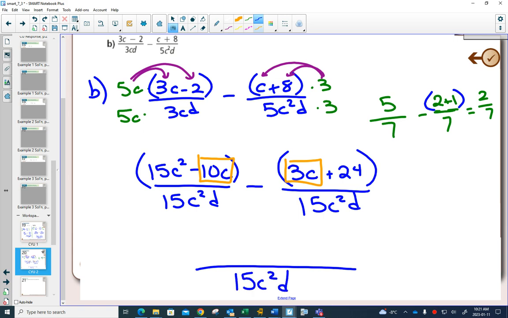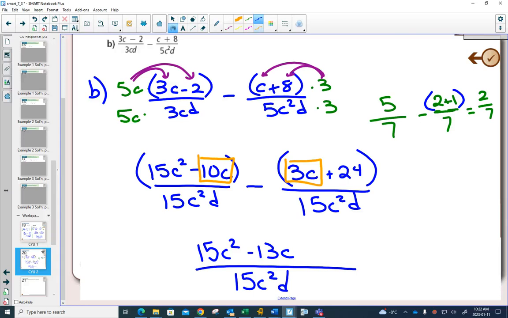you'd have 15c squared. Students make no mistake, they write 15c squared. You have minus 10 minus 3c, and students are like, awesome. They get minus 13. But then this is where students will make mistakes. And even though I tell you now, some of you are going to make this mistake over and over again.